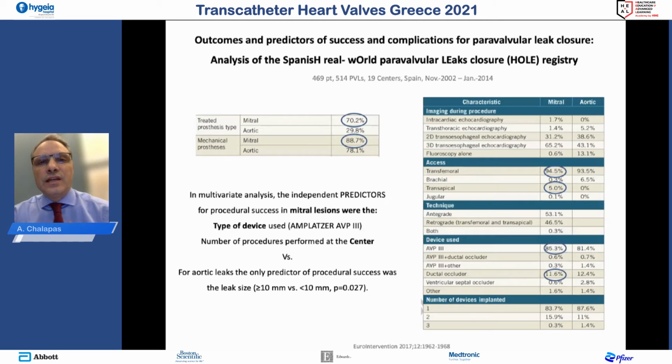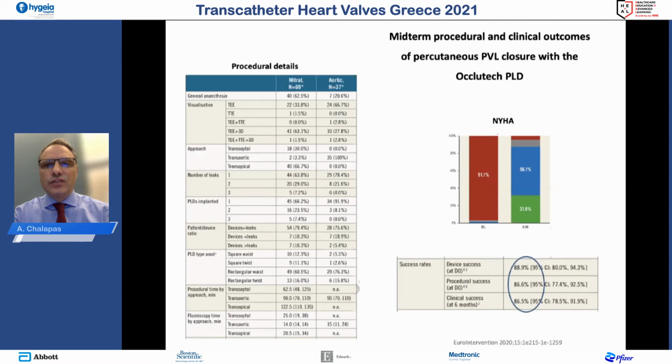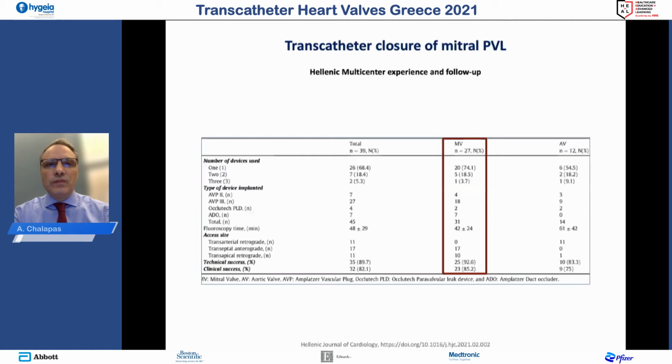This is a very nice recent multi-center study from Spain showing that the procedural success in mitral lesions has to do with experience and, of course, with the device choice. And data coming from the Oquitec also revealed that the device, procedural and clinical success is more than 85, almost 90% in most of the cases.